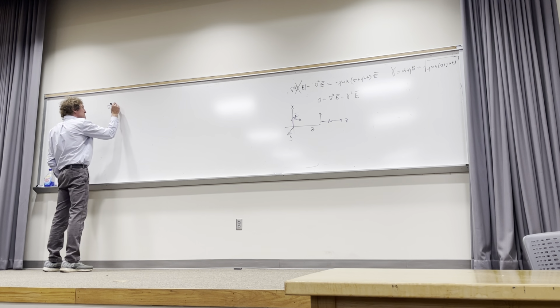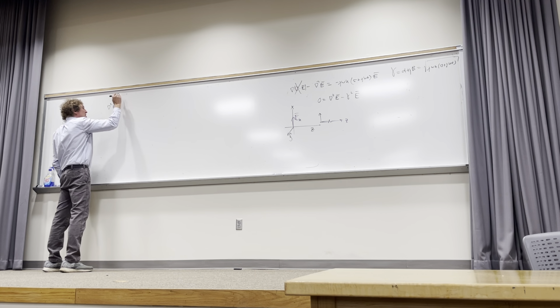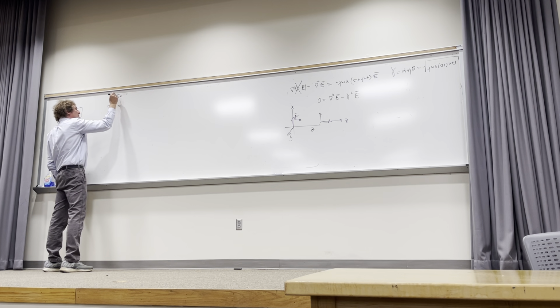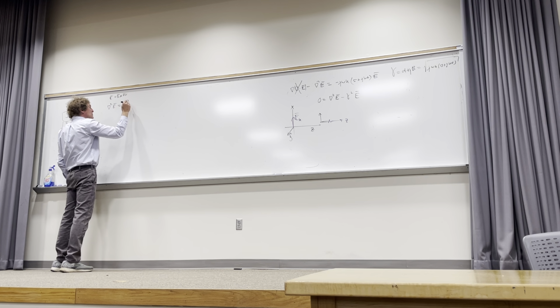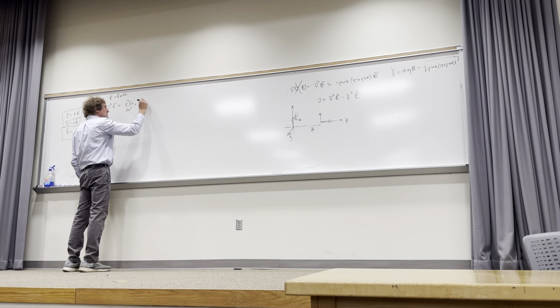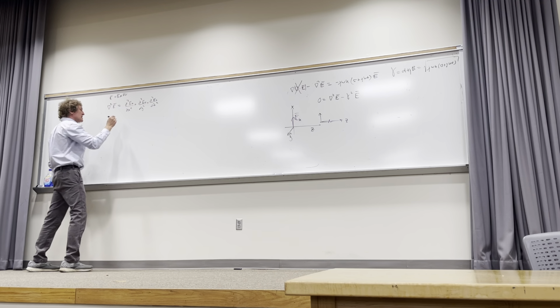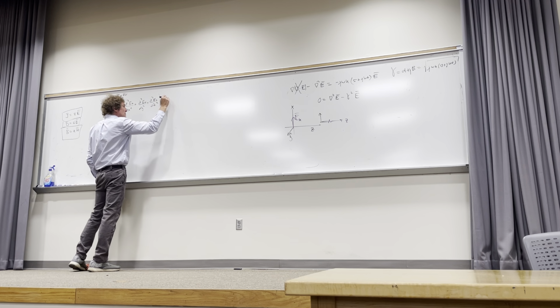If we assume E is only in the x direction, E_x in the a_x direction, then I have the second derivative of E_x with respect to x squared plus the second derivative of E_x with respect to y squared plus the second derivative of E_x with respect to z squared, and it's the a_x component.